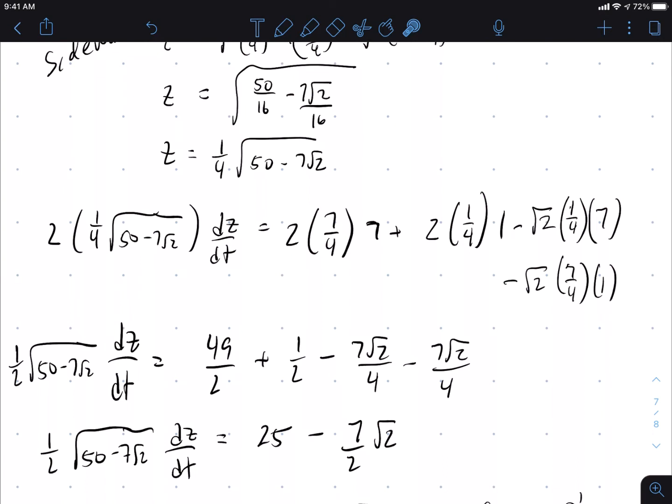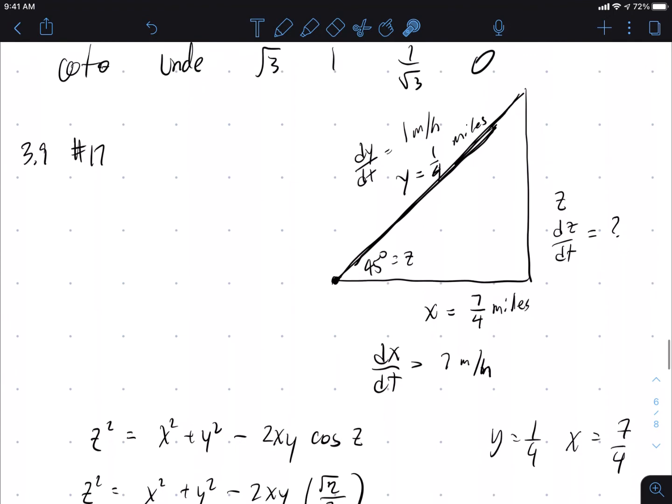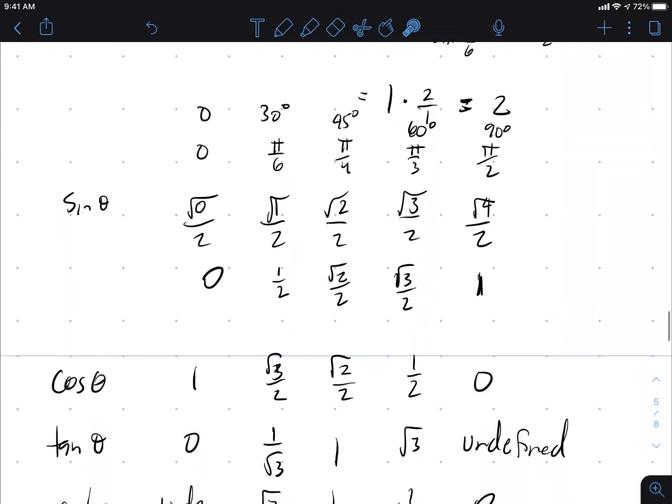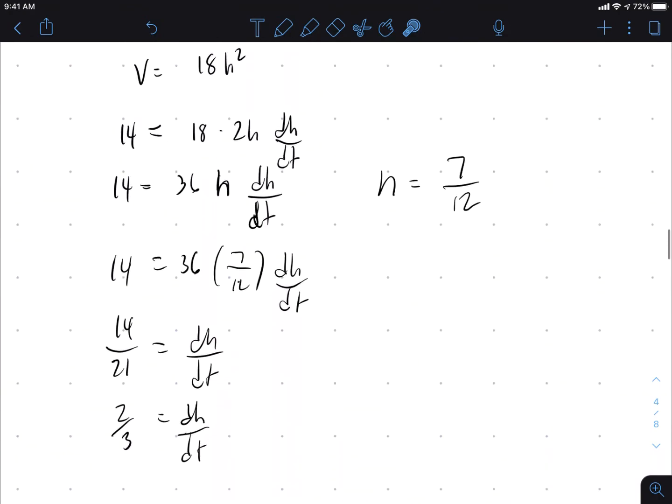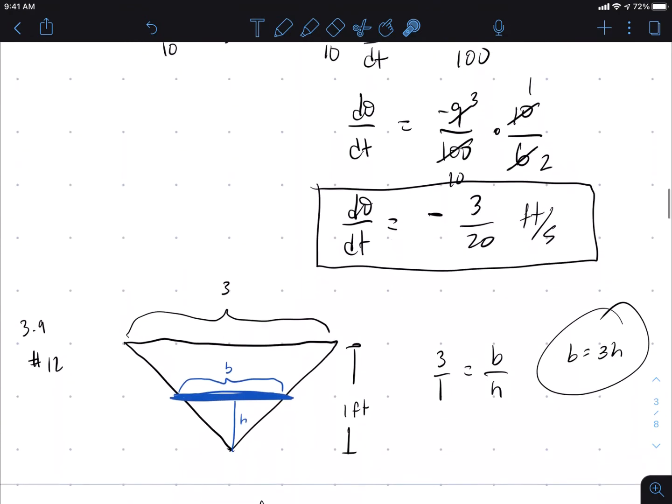If you could do 16. The one that I just did, you mean? This was 17, right? I did 16 before this one. No, that was 15, I think. That's 17. Didn't I do 16?